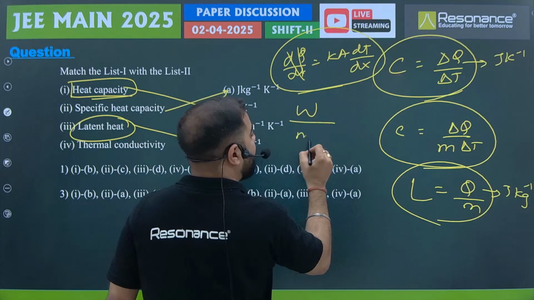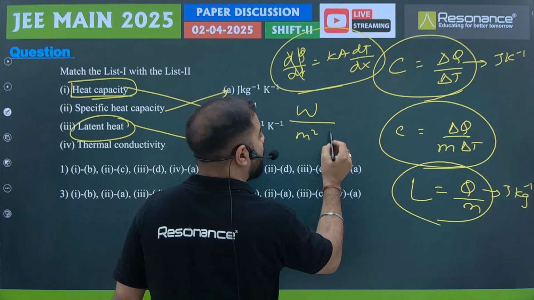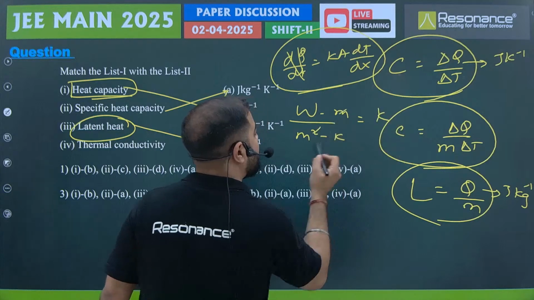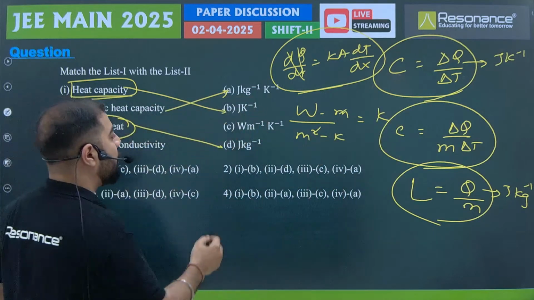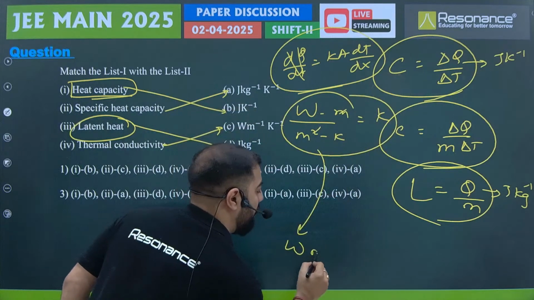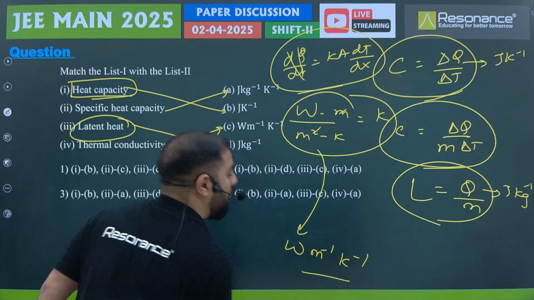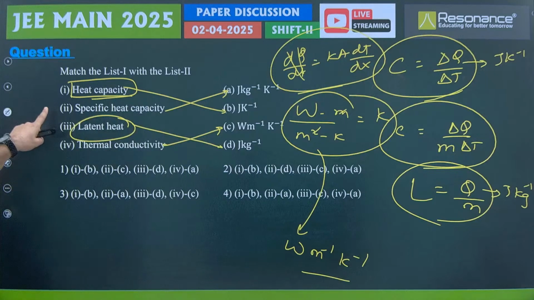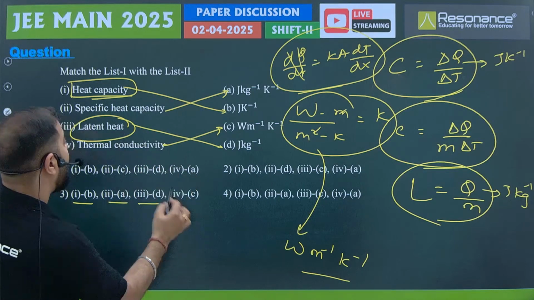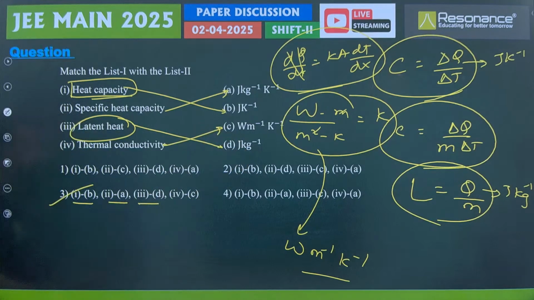Area is meter square. dT by dx is Kelvin per meter, and that is K. With simplification, it is watt per meter per Kelvin. I hope that's okay to all, right? So 1B, 2A, 3D, and 4C. So option number 3 is the answer then.